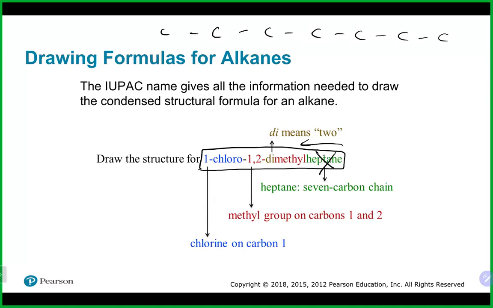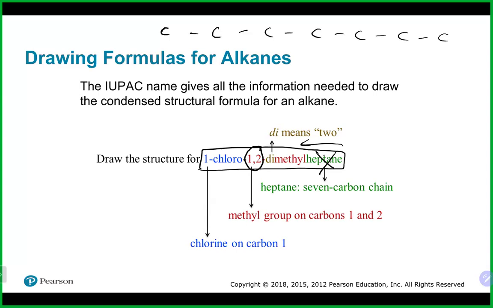And then dimethyl means that we do have 2 methyl groups in this compound. In this case, the numbers tell us exactly which carbons they're at. And once again, because you are drawing, you can choose whichever way you want carbon number 1 to be. So I can make carbon number 1 on the left, you can make carbon number 1 on the right. It doesn't really matter. In the case of the alkanes, it's really the same molecule, just turned around if you drew it in the other direction.